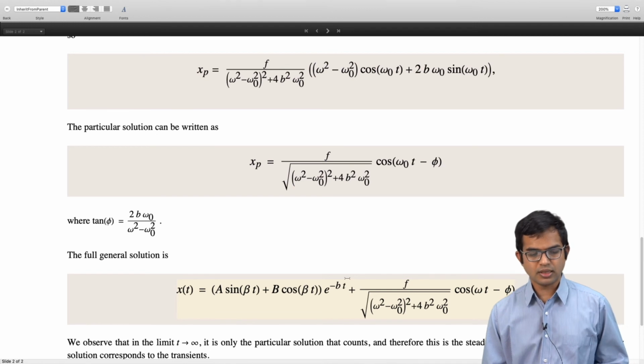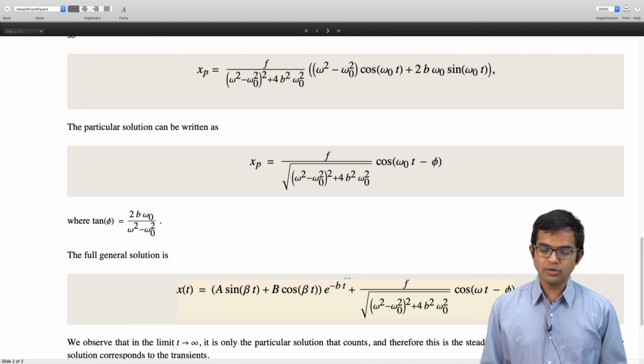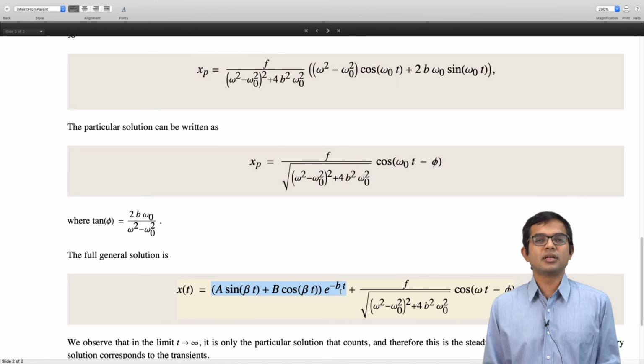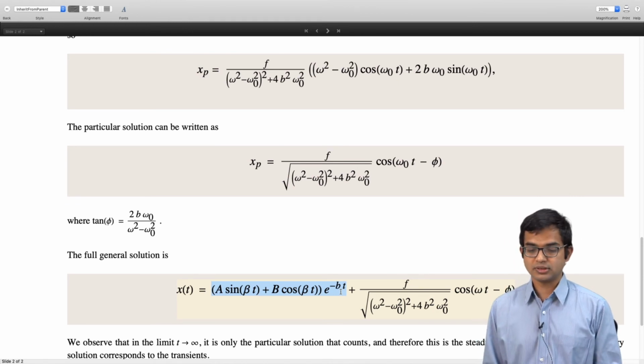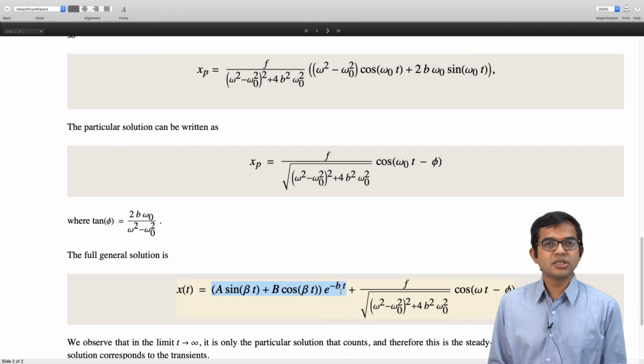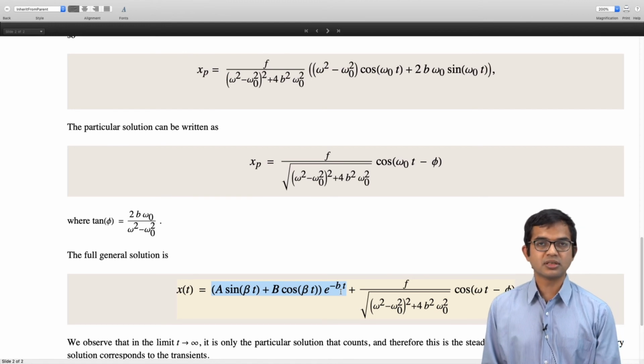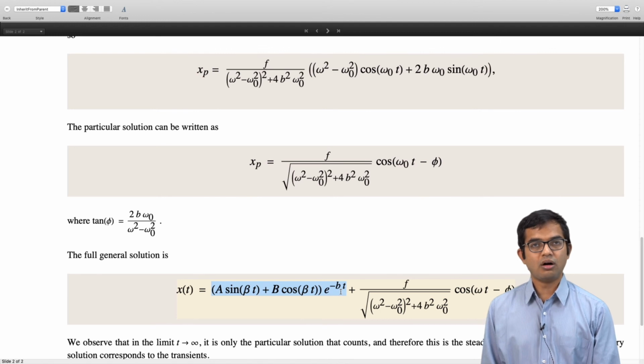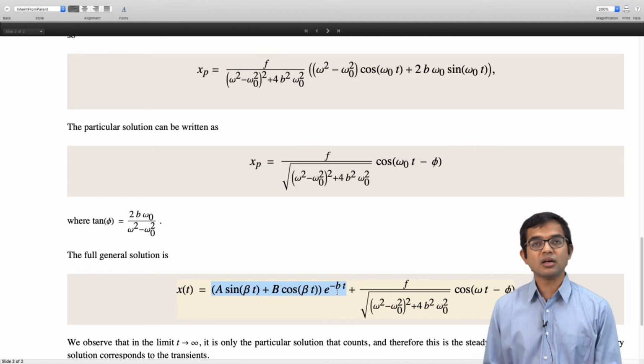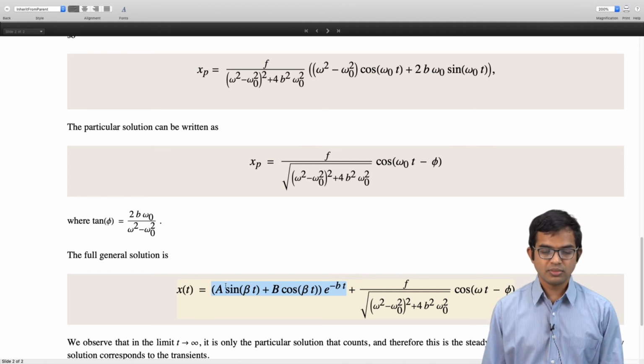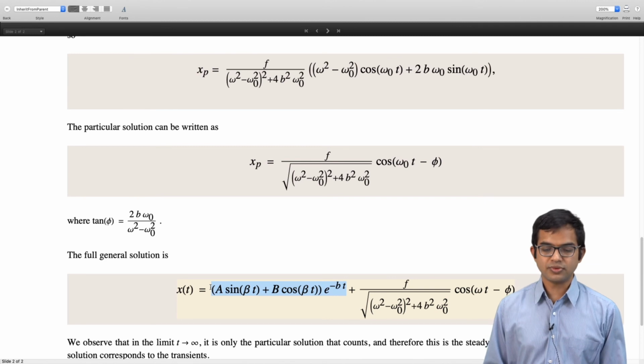We observe that in the limit t tending to infinity, the first part, the complementary function, becomes less and less relevant as more and more time elapses. It doesn't matter in which regime you're driving the system, whether it's underdamped, overdamped, or critically damped, there is always going to be this kind of exponentially decaying term. So for large times this complementary function is going to become irrelevant as time tends to infinity.